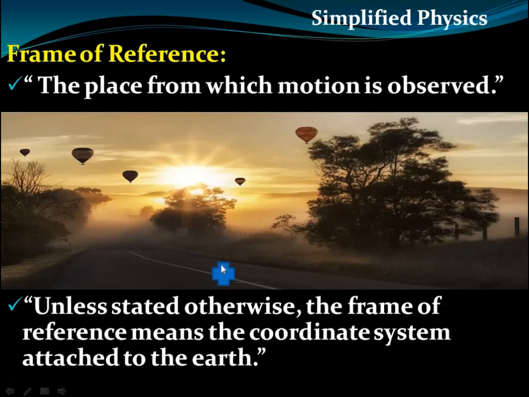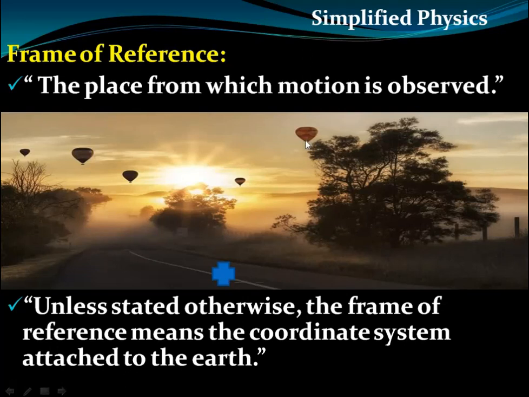Suppose an observer is under this plus mark. The distance of the first balloon will be 5 meters, the next suppose 50 meters, and the next balloon is 100 meters from the first frame of reference.